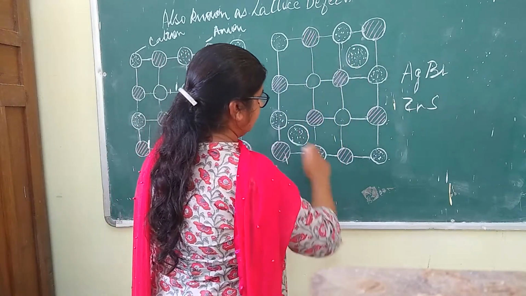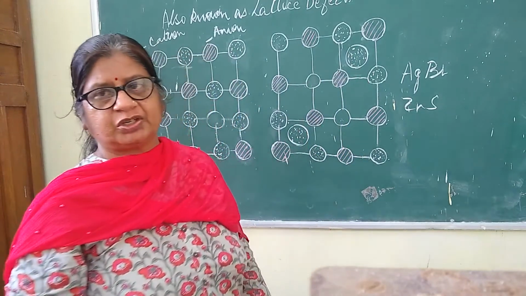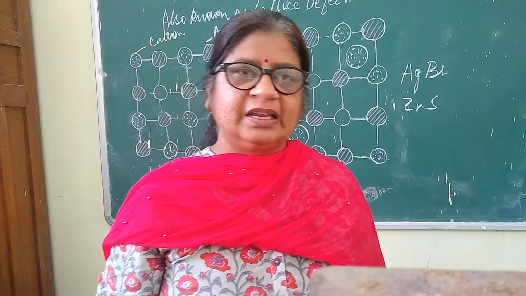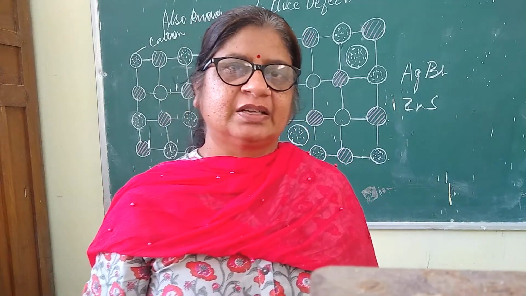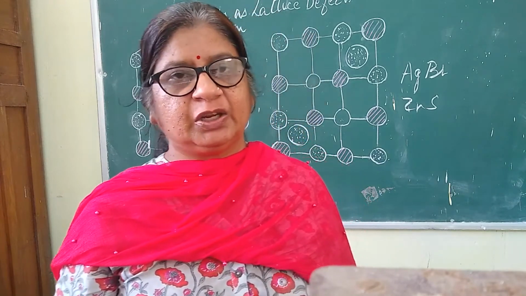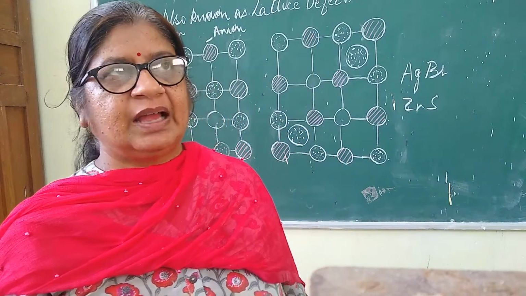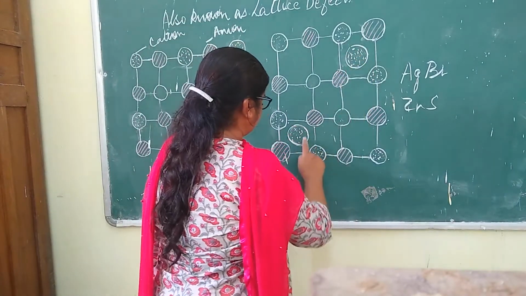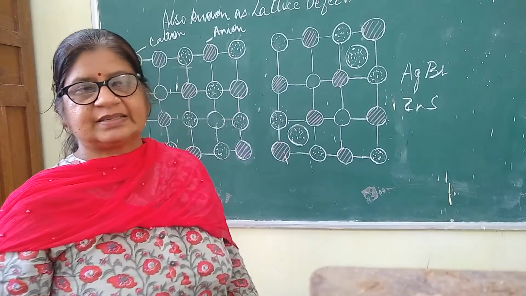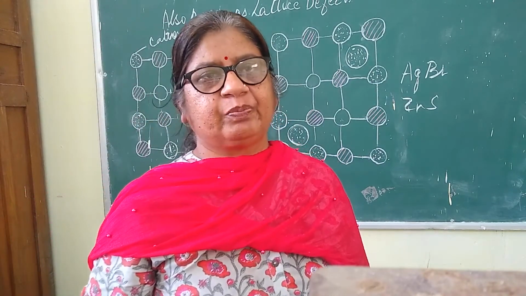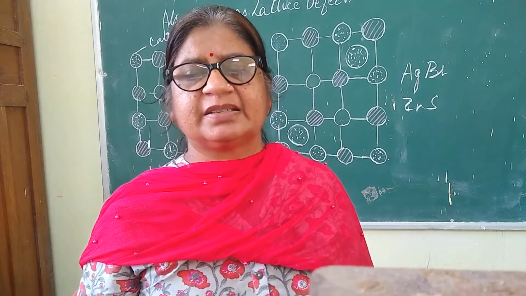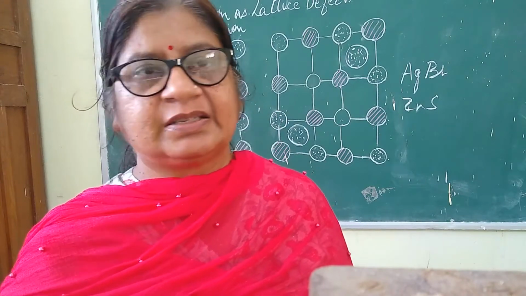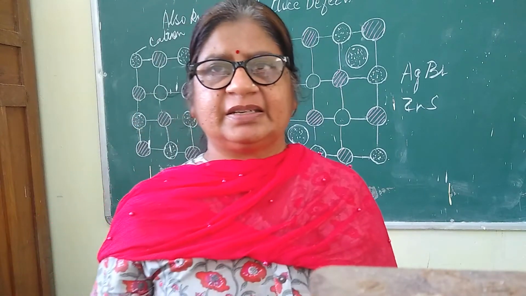And since there is no change in the number of the cations and anions, these lattices are also electrically neutral. But as these are occupying the interstitial spaces, the density of these compounds remains the same. In Frenkel defect, there is no change in the density.